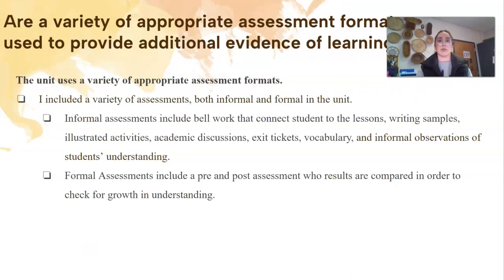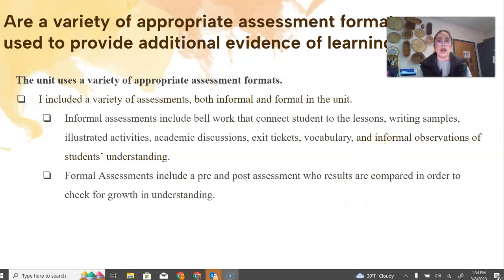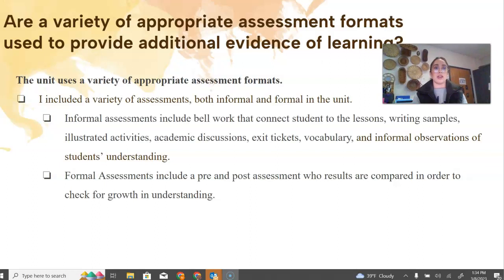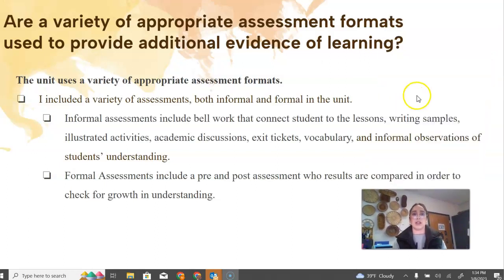Are a variety of appropriate assessment formats used to provide additional evidence of learning? I believe yes. This unit uses a variety of appropriate assessment formats, both informal and formal. Informal assessments included the bell work that connects students to the lesson, writing samples, illustrative activities, academic discussions, exit tickets, vocabulary, and informal observations of students' understanding.